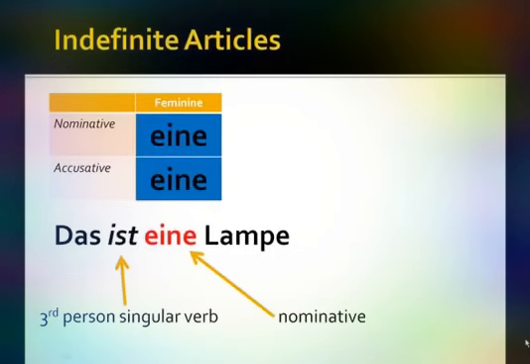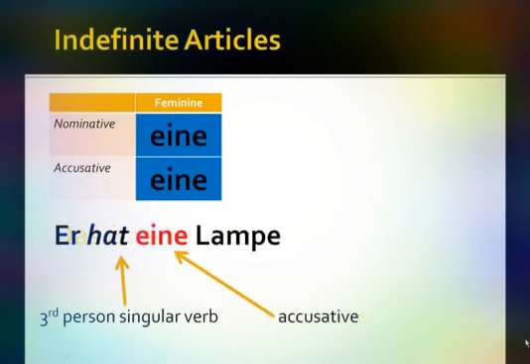Now, if I take this sentence and move Lampe into an accusative environment, I need to introduce another actor, someone who actually does something in the sentence. So I'm going to introduce the personal pronoun he. Er hat eine Lampe. He has a lamp. Now, I'm still dealing with a feminine singular noun, die Lampe.